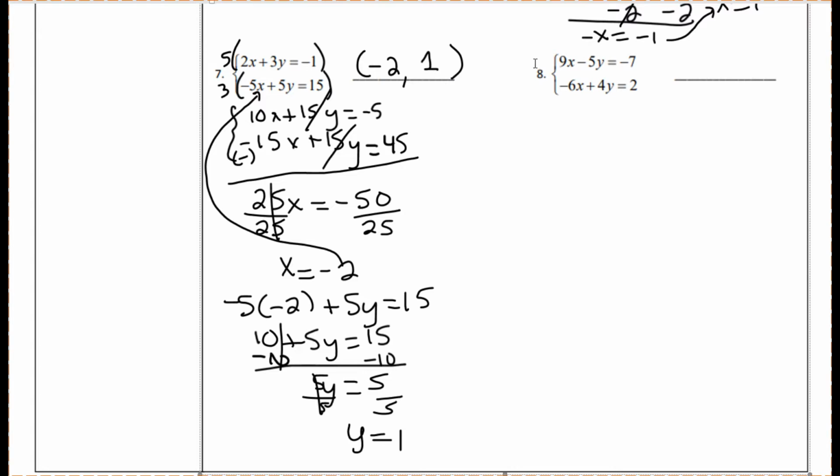So I'm going to multiply the top one by 4 and the bottom one by 5. That will make the negative 5y into negative 20y, and the 4y into 20y.